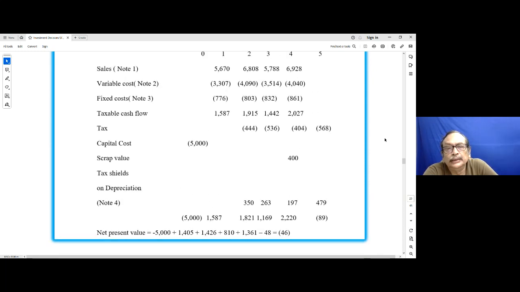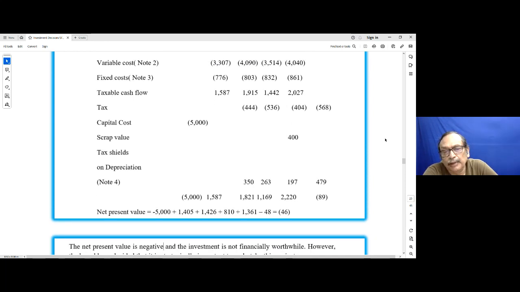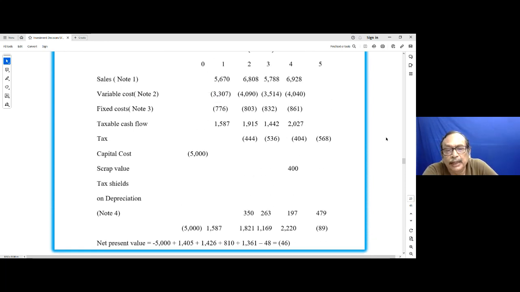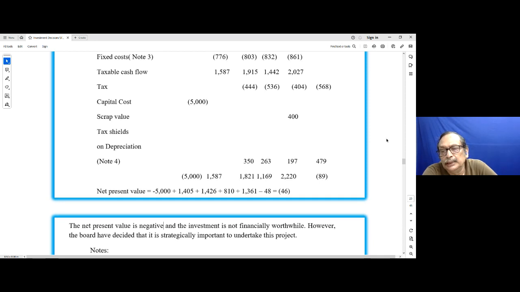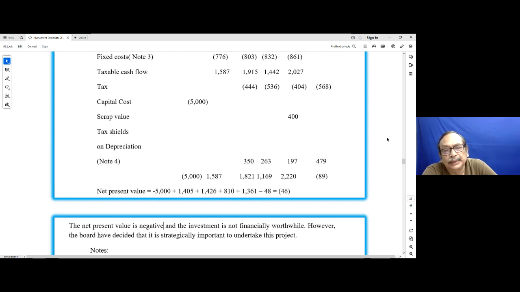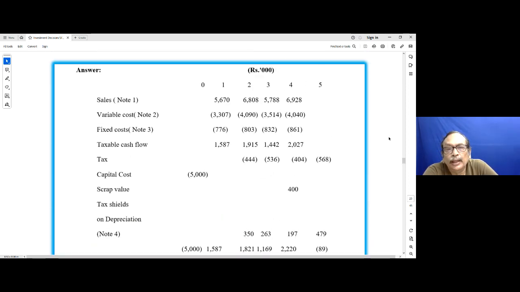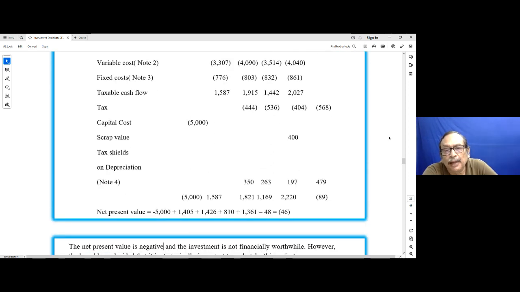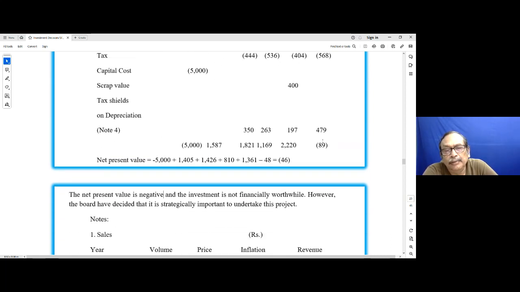So we are having, in rupees in 1,000, 5,000, then 1587, then 1821, 1169, 2220, and the last one is 89 negative. So we are going to have net present value, that is outflow at T0 time period 5,000.